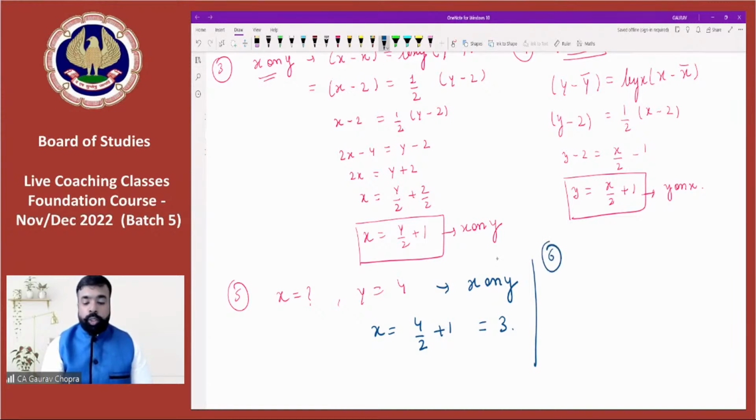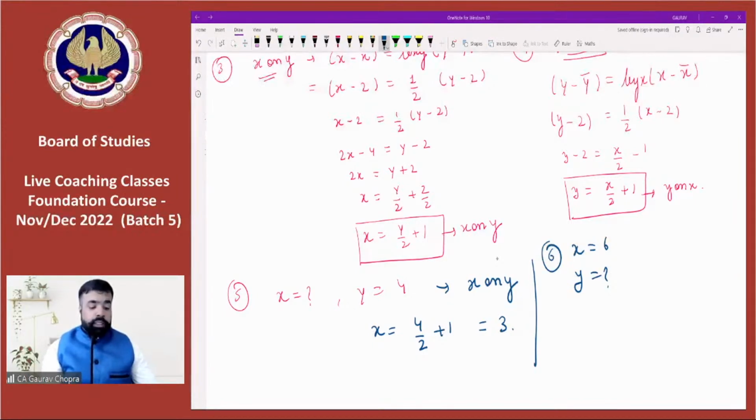Now it is your turn to solve. If x is given as 6, find the value of y. Yes, come on everyone, you can answer.